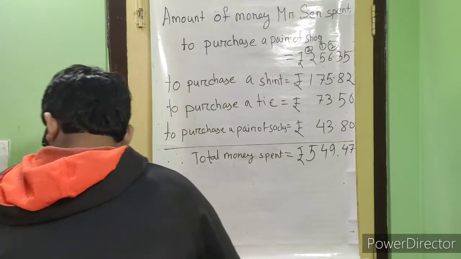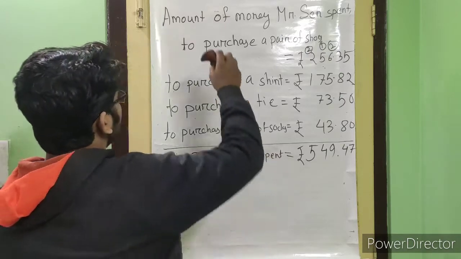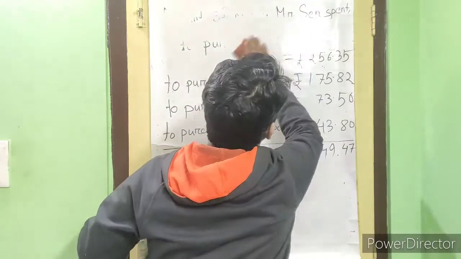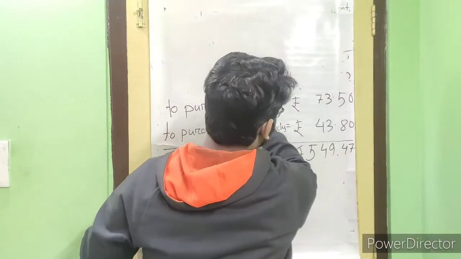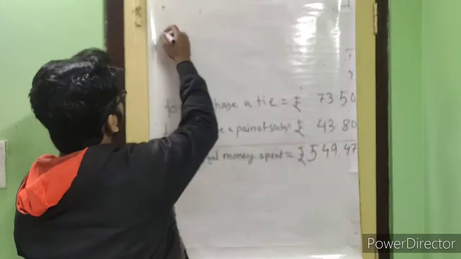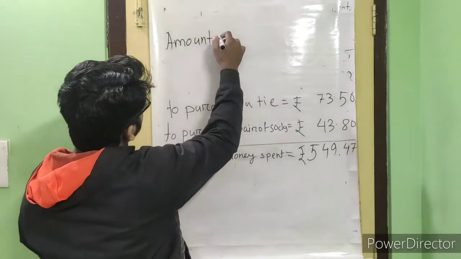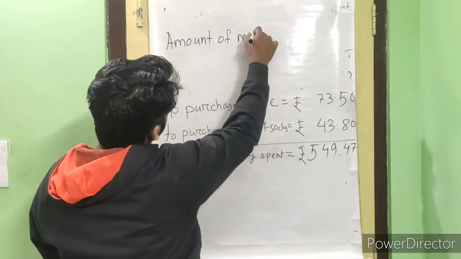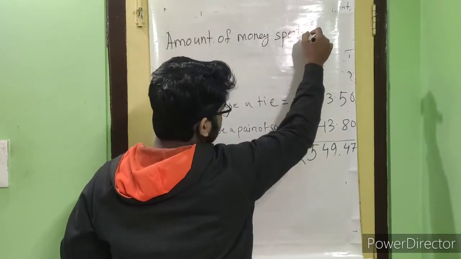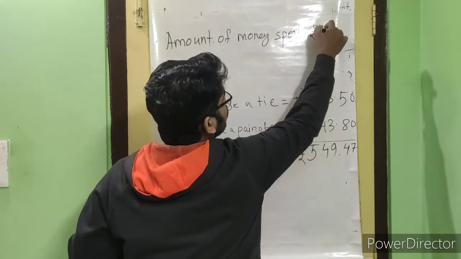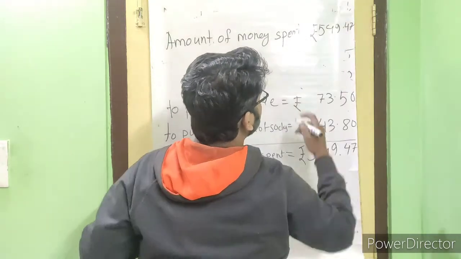We will write it. You need to again pause the video and write this portion. Amount of money spent rupees 549.47.